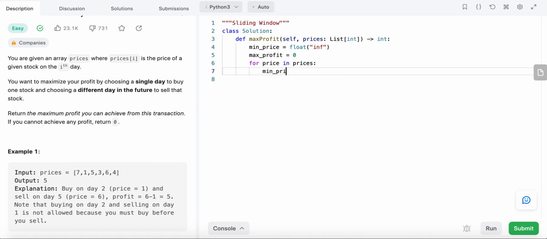We can write this in one line: the minimum of the minimum price in the history and the current price. After that, let's calculate the maximum profit.